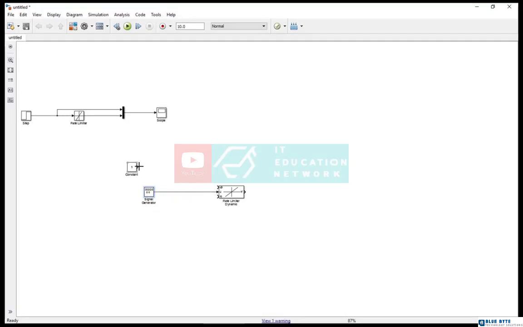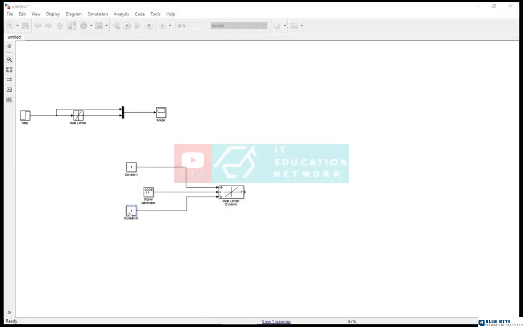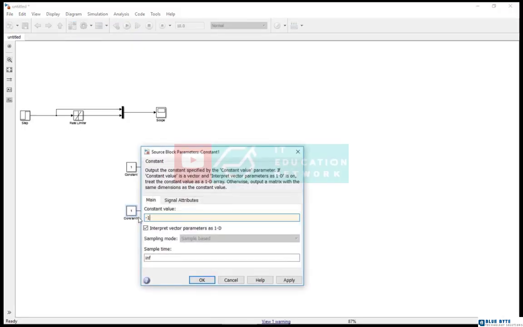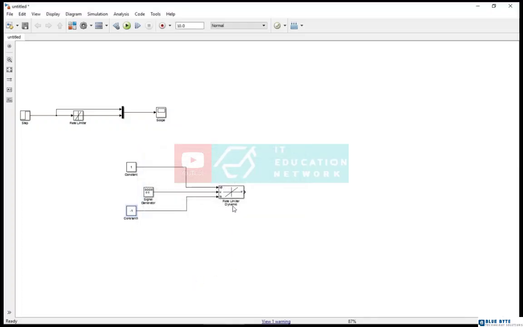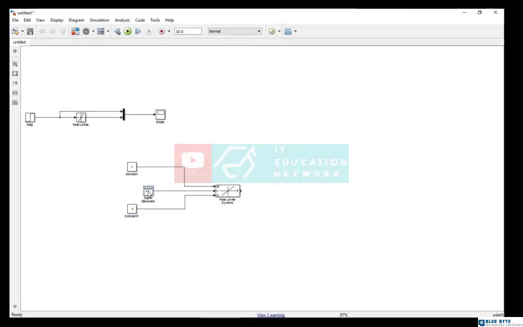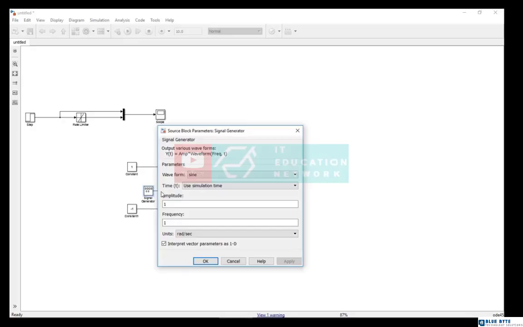The middle signal is the main signal. I enter the two limits as constant. I set the upper limit 1 and the lower limit -1. I set the signal generator amplitude to and its frequency 2 Hz.